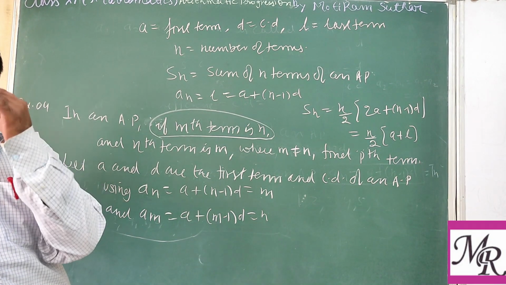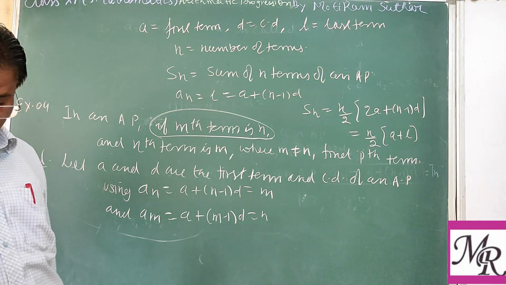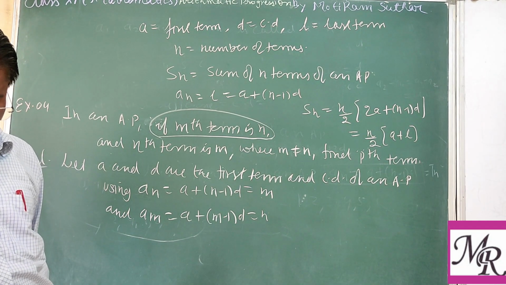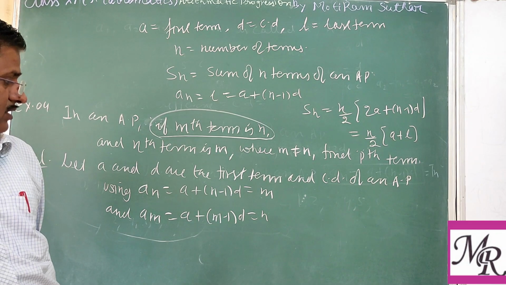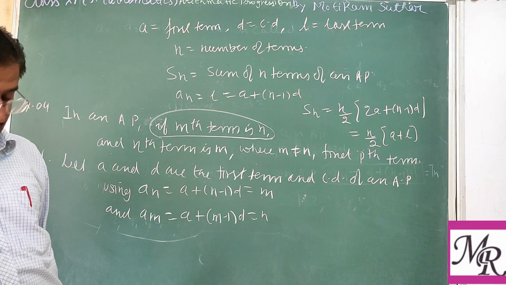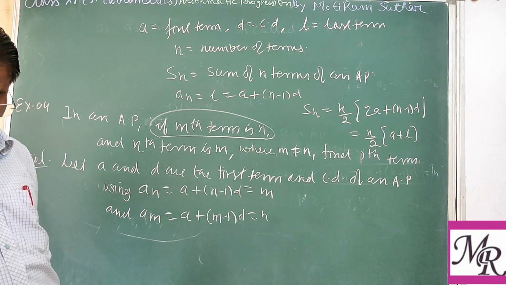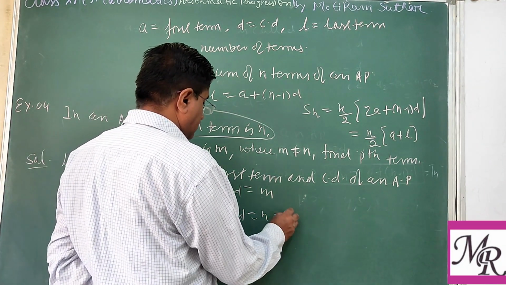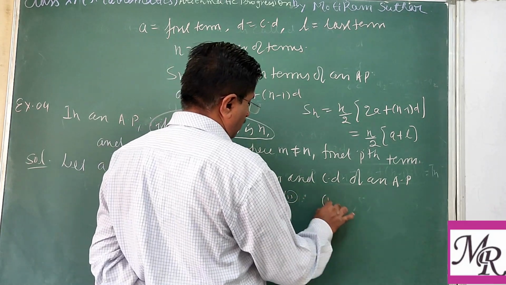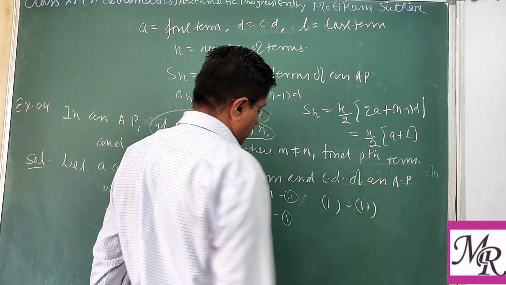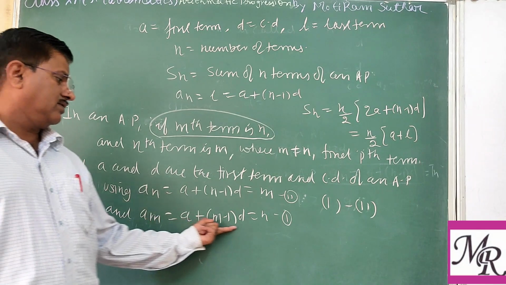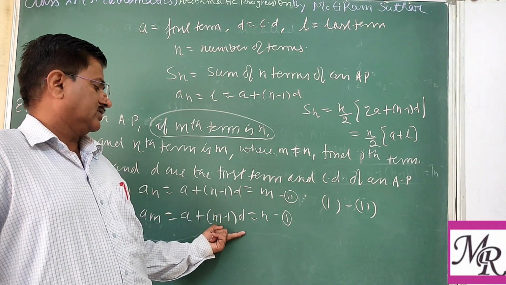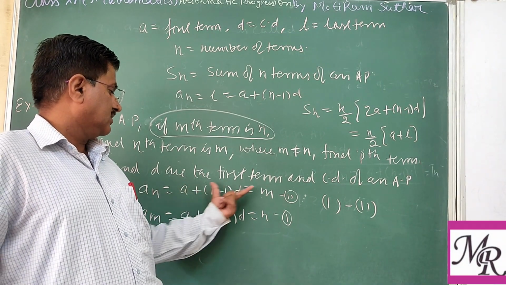So to find the pth term, we need the value of a and the value of d. Clear? So we subtract 1 and 2 and simplify. Suppose this is 1 and 2. So 1 minus 2, if we subtract the second from the first, means this minus this.